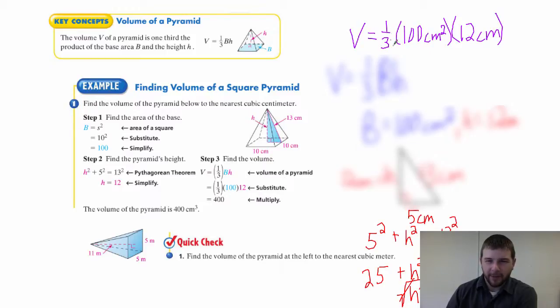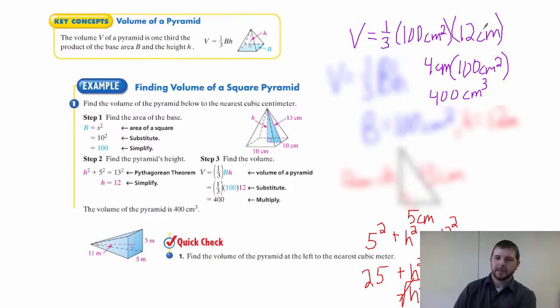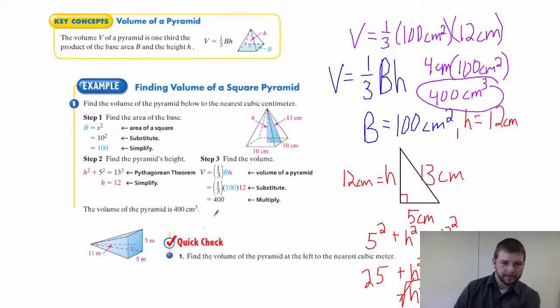I think right away 1/3 of 12, that's much simpler. 1/3 of 12, of course, is 4. So multiplying in this order, 1/3 times 12, we would have 4 centimeters times 100 square centimeters. And that, of course, equals 400 centimeters cubed, the volume of our pyramid.